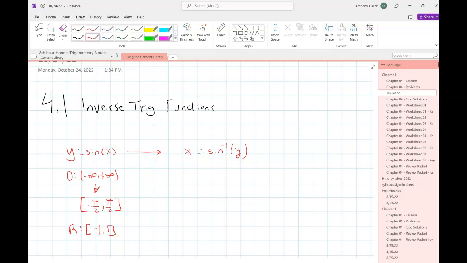So when we created our sine inverse, the domain for sine inverse is the range from our restricted sine function. And the range for sine inverse is the domain from our restricted sine function.